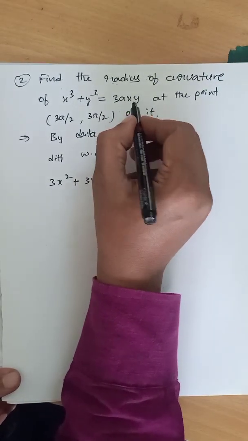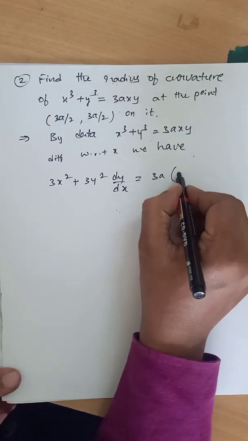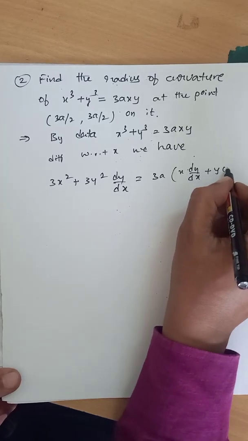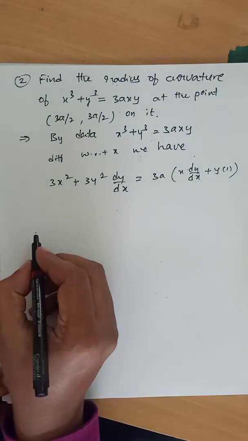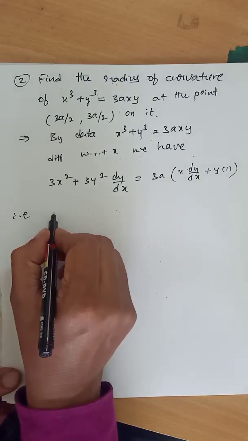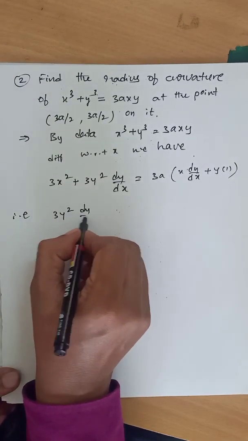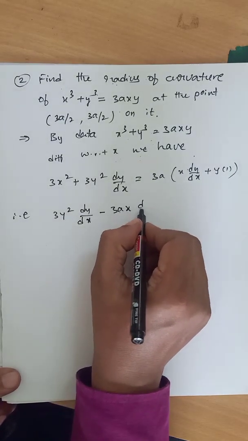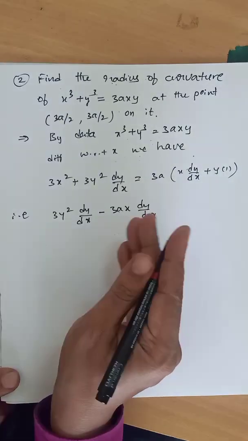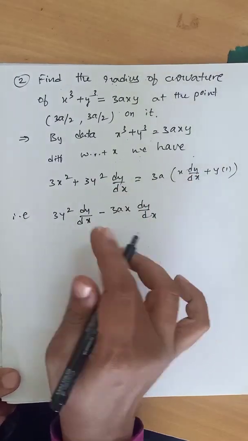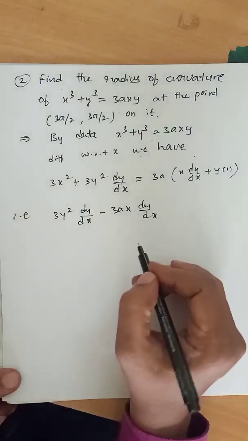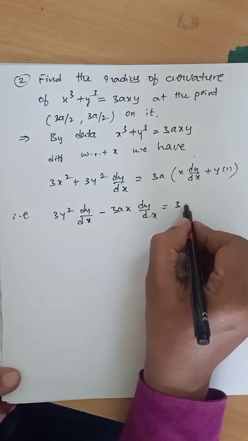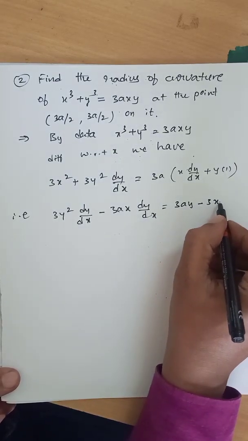Here you apply the product rule for x into y, u v dash plus v u dash, right? That is 3y square dy by dx minus 3ax into dy by dx. See, I can take dy by dx to the left hand side for convenience to extract dy by dx. That is equal to 3ay minus 3x square.